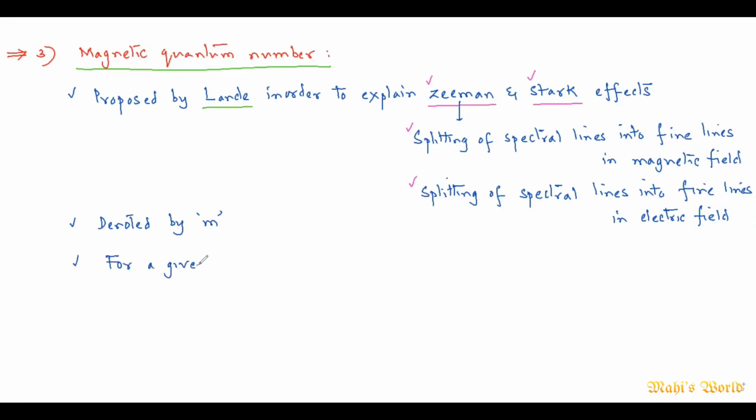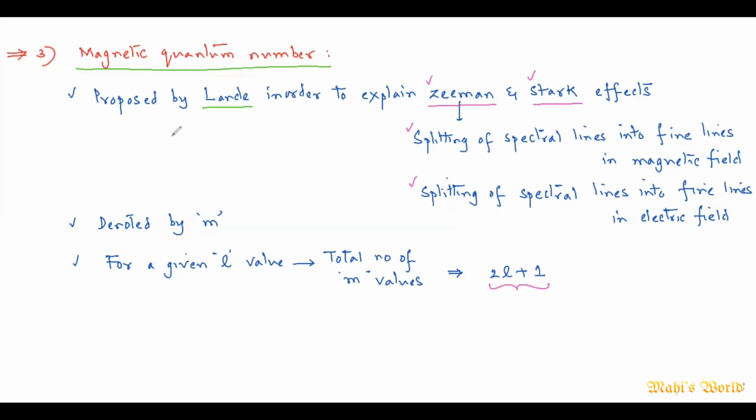For a given L value, the total number of m values can be given as 2L plus 1. This, of course, just now I gave it as the number of orbitals in a sublevel.